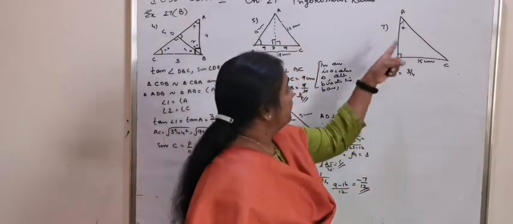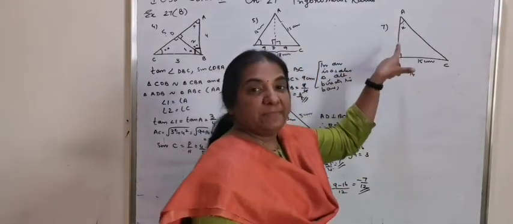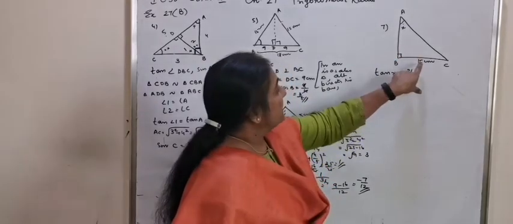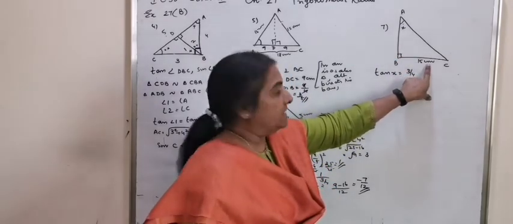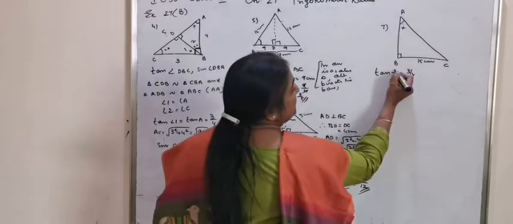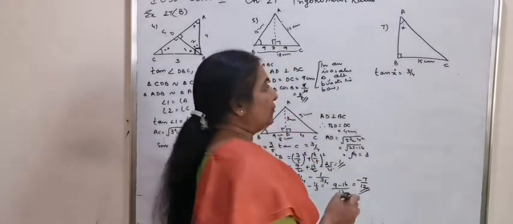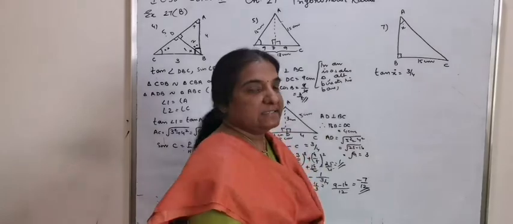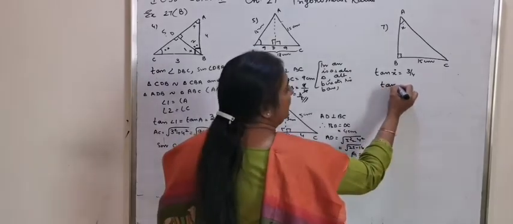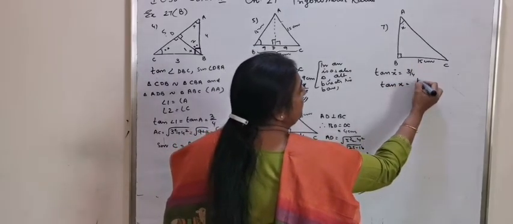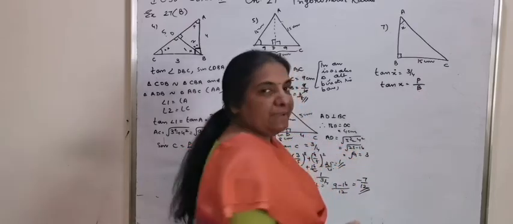Question number 7. In triangle ABC, right angled at B, the length of BC is given as 15 centimeters and tan x degrees is equal to 3 by 4. You have to find out the lengths of the other sides. It's a direct question. You can write the formula as tan x is equal to perpendicular by base.